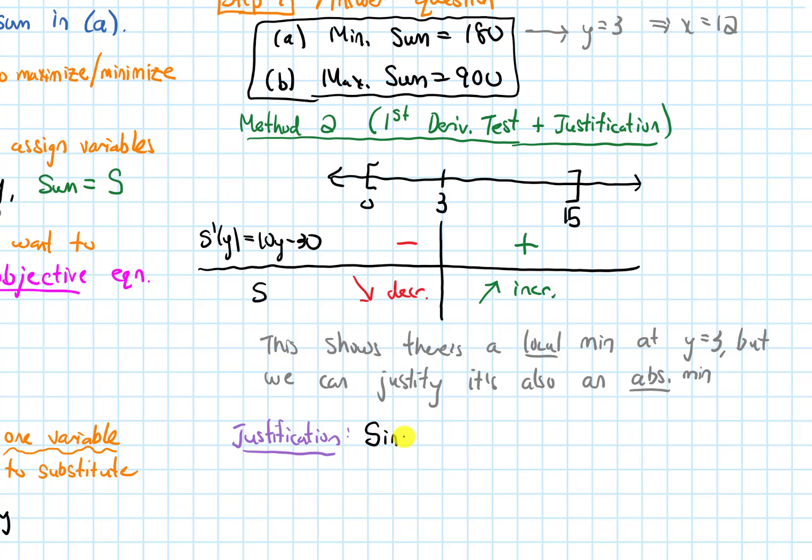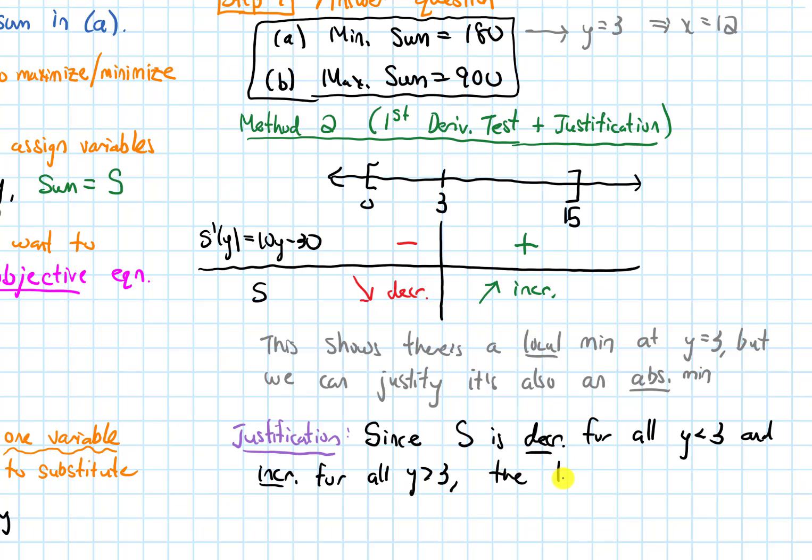Since our original function s is decreasing for all values of y that are less than 3, at least in the interval on which it's defined, and it's increasing for all the y values after that, that means that the local min at y equals 3 is also an absolute min.